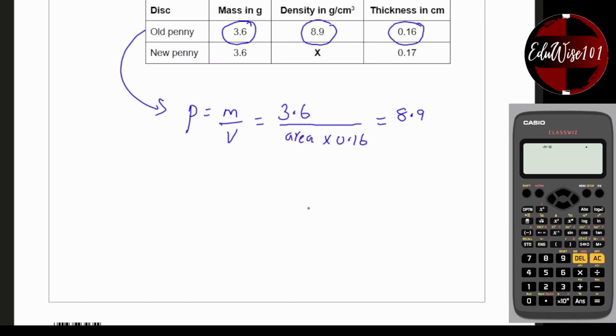So rearranging this equation, the area is equal to 3.6 divided by 8.9 times 0.16.